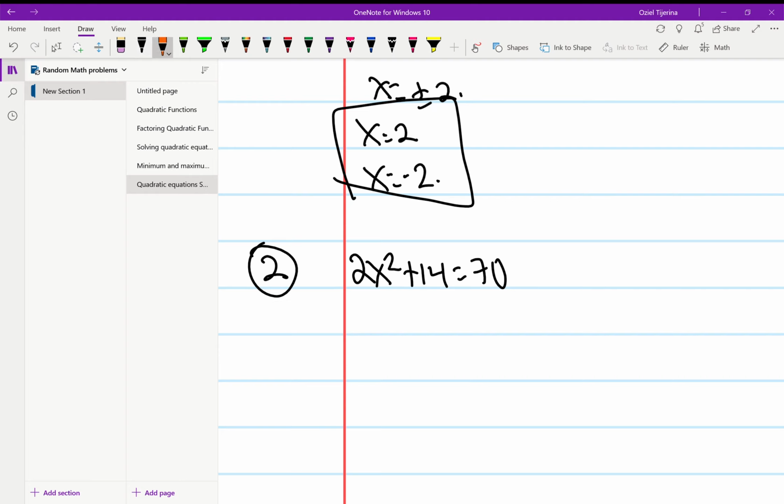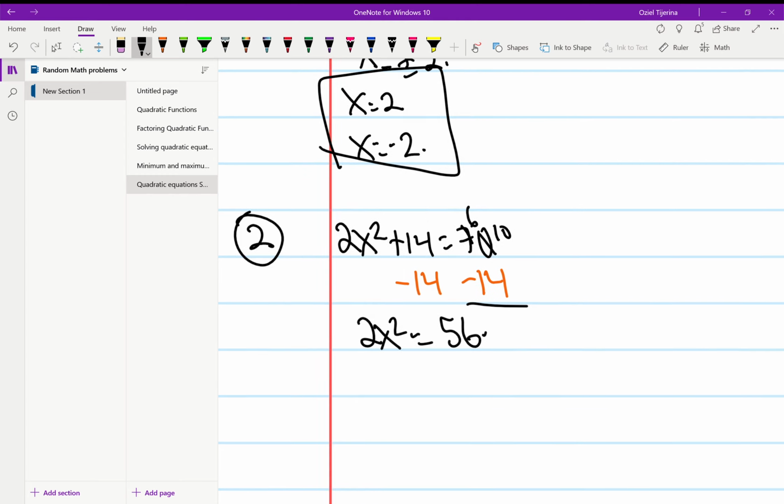So this one, we're going to do the same thing. We're going to subtract by 14 on both sides. And then we have 2x squared equals 56, okay?